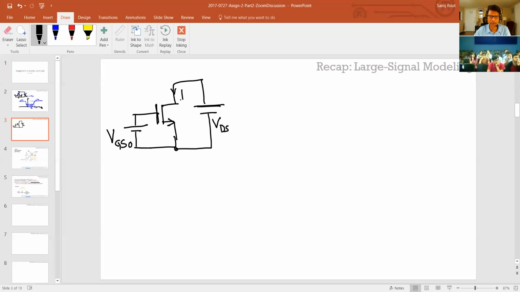Then we try to find this current flowing from the drain to source as a function of VDS, as a function of VGS, and also the source to bulk voltage. And I said that this bulk voltage has to always be, if you write it as VSB, less than 0. I'm sorry, the other way around.